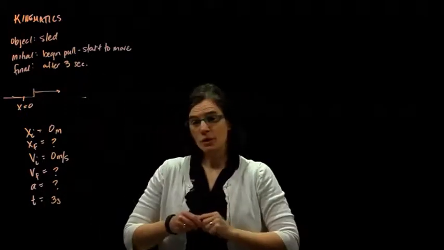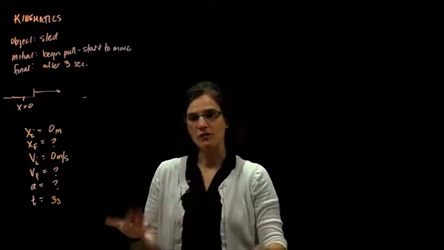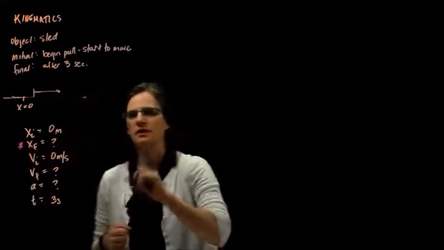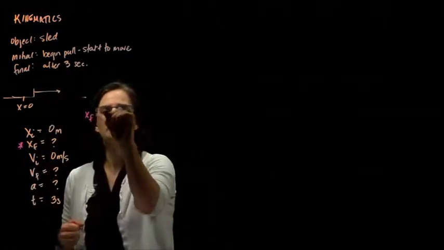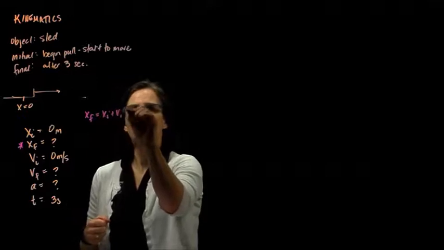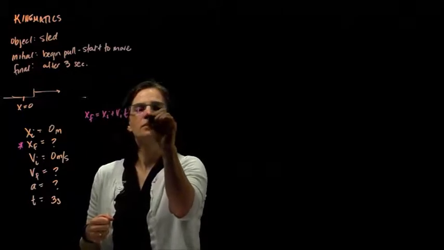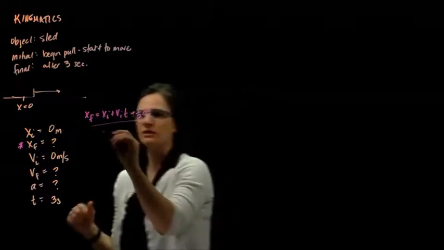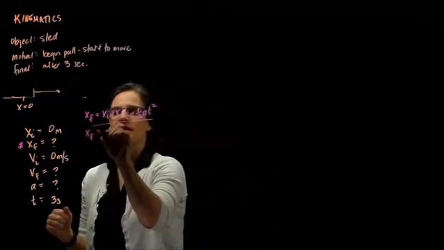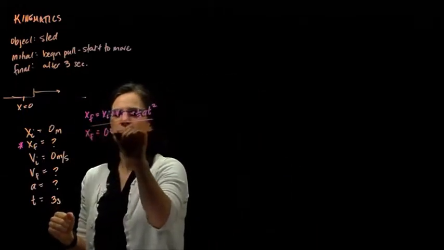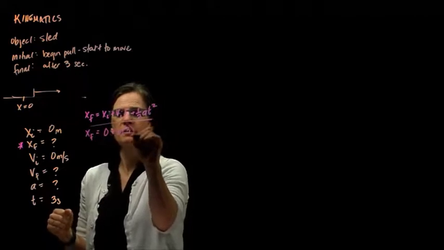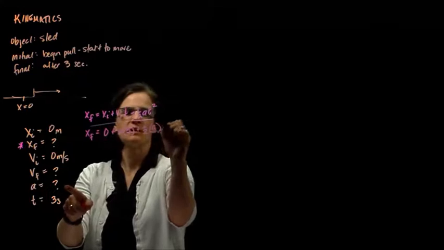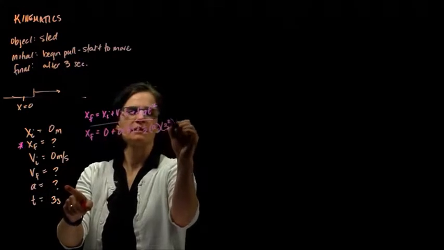So what do we want to know about the problem? We want to know how far. Well, that is related to my final position. So if I look at the final position relationship that we've used for our kinematics process in the past, x final equals x initial, which is 0, plus 0 times my time of 3 seconds, plus 1/2, don't know my acceleration, times my 3 seconds squared.